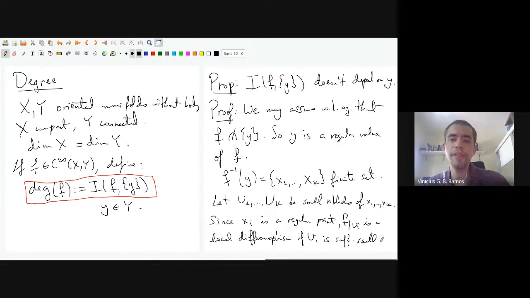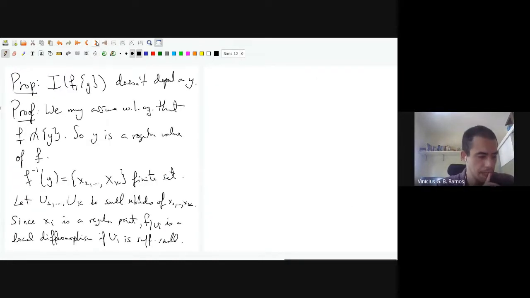So we choose these Ui small enough so that f restricted to them are local diffeomorphisms. And the other thing to notice is that the derivative df at the point xi, because xi is a regular point, maps the whole tangent space to T_y of Y.